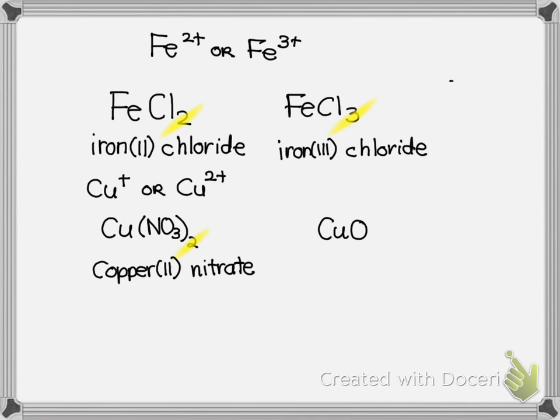So if you have an element that has more than 1 charge and it is in a 1-to-1 ratio, you have to look at the charge of the other ion. Oxygens are 2 negative, so if you have 1 of each, this copper must be a 2 positive.